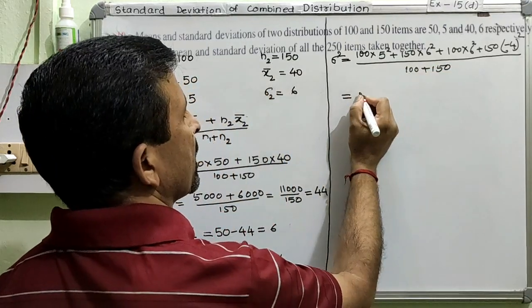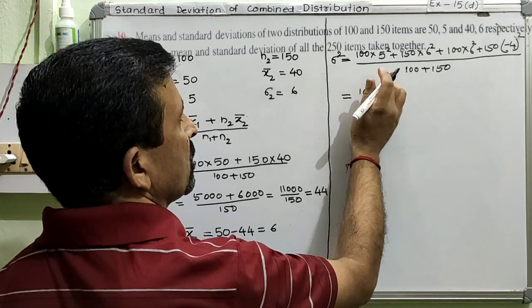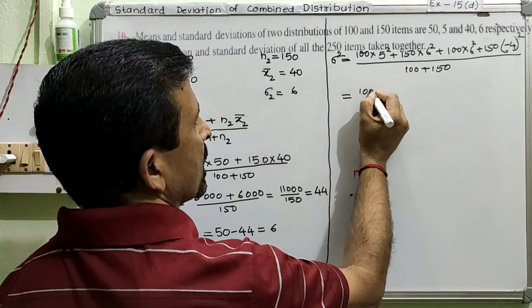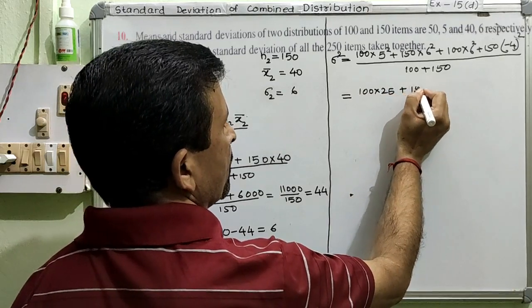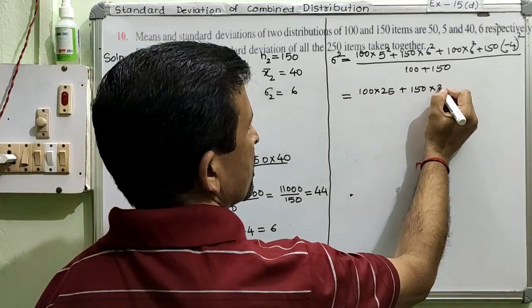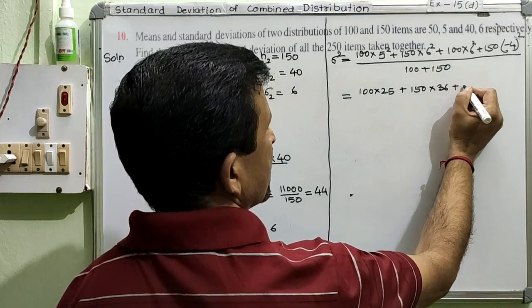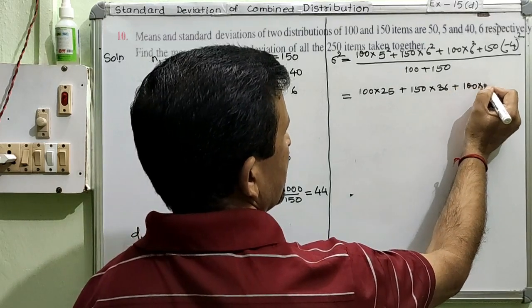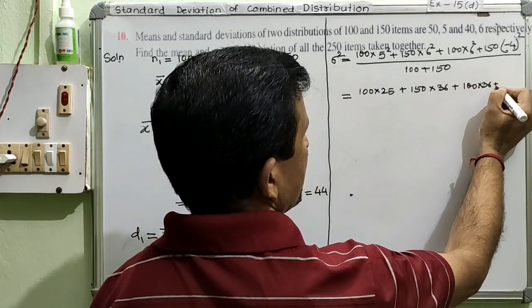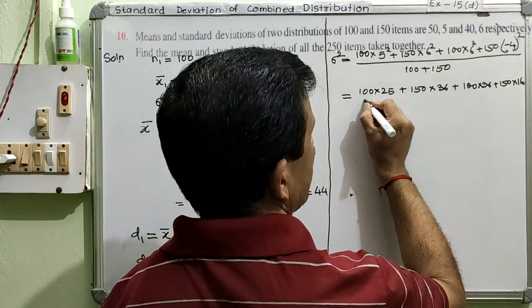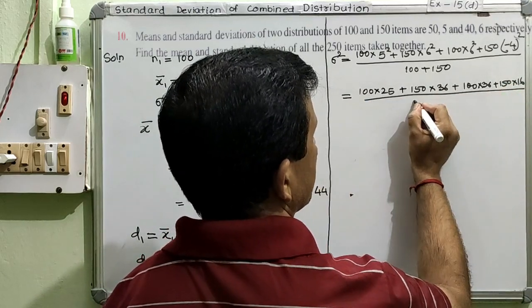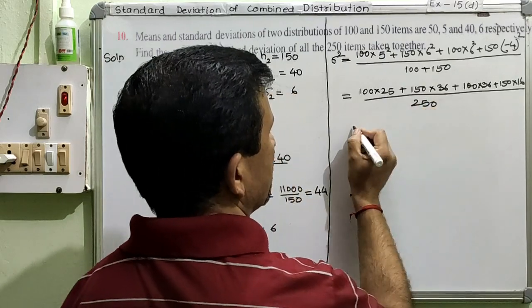Now, simplify. 100 into 25 plus 150 into 36 plus 100 into 36, and this is 150 into 16. Negative 4 square will become positive, and this is divided by 250.